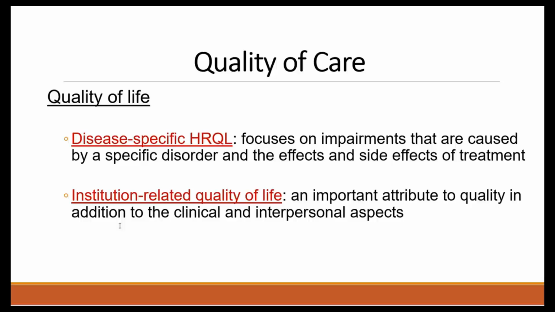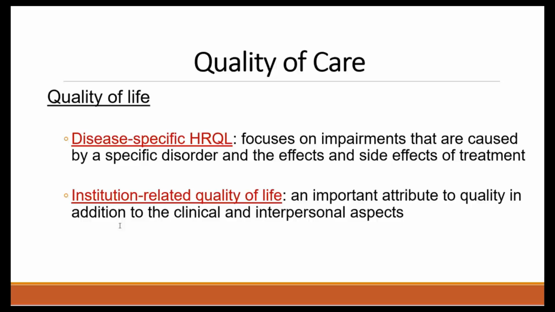Now, regarding the two types of health-related quality of life. So disease-specific quality of life is associated with the potential quality of life impacts of a specific disorder and its treatment. Disease-specific health-related quality of life focuses entirely on impairments that are due to a specific disorder and the effects and side effects of treatments for that disorder.